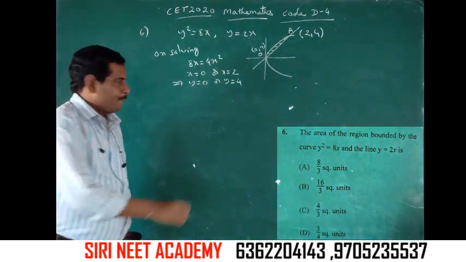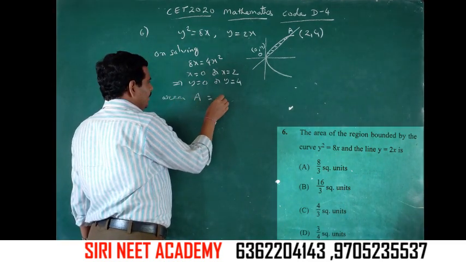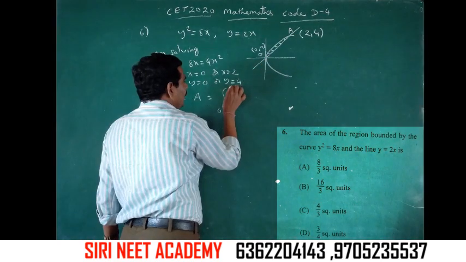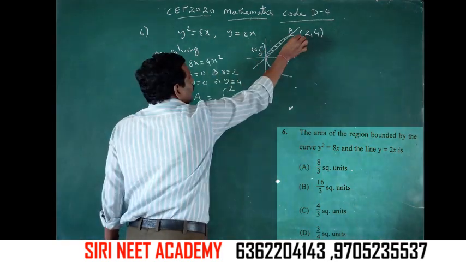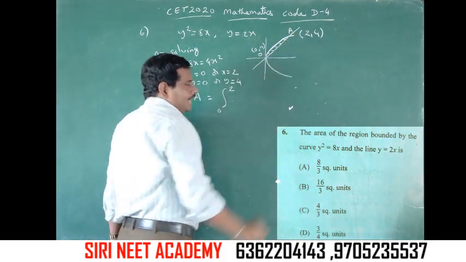So the required area A is equal to integral, lower limit 0, upper limit 2, of: here the upper part is the parabola, the lower part is the straight line.